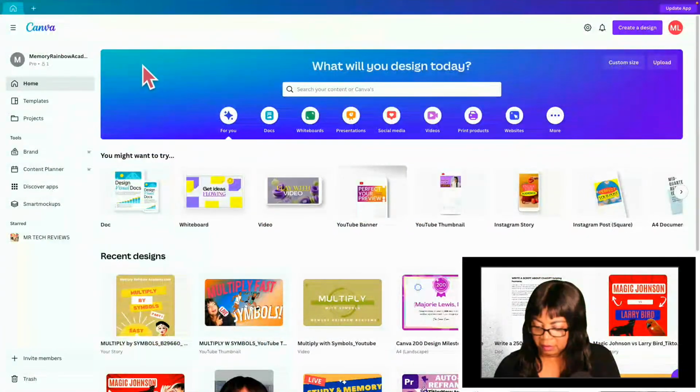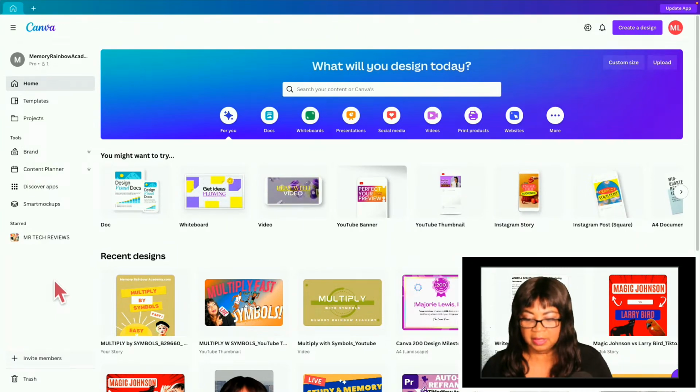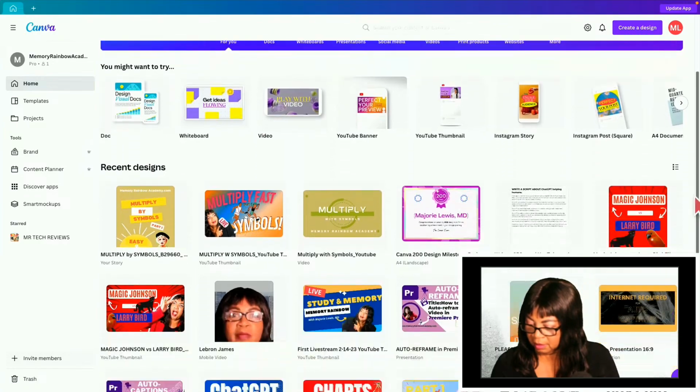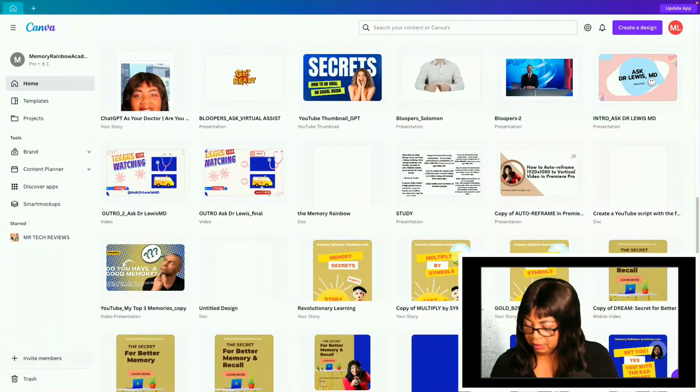I use Canva quite a bit because it helps me to put together the compositions that I work with. So let's see if we can find one of the ones that are in here. Here we go. Okay, let me open this up.